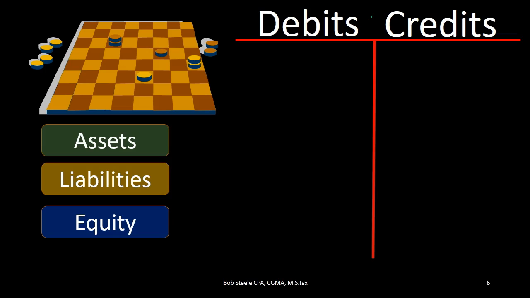Many of us have preconceived notions of what debits and credits are because of terms like credit cards, or talking to our bank when they're going to credit our account, or debit cards. You want to remove all those things from your mind. We can talk about later how those terms derived from the original term, which is nothing more than just like the pieces on a checkerboard, debits going on the left, credits on the right, and look at the origins of those terms and how we can better think about them when we deal with them in real life.